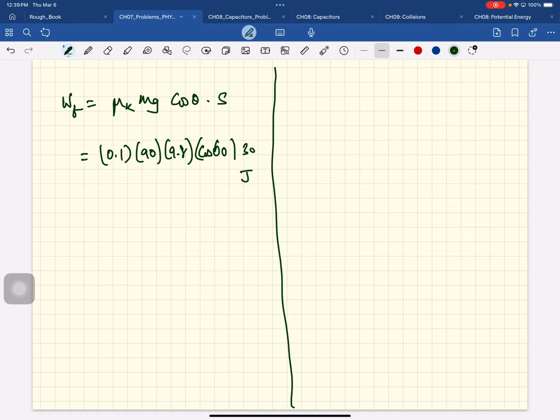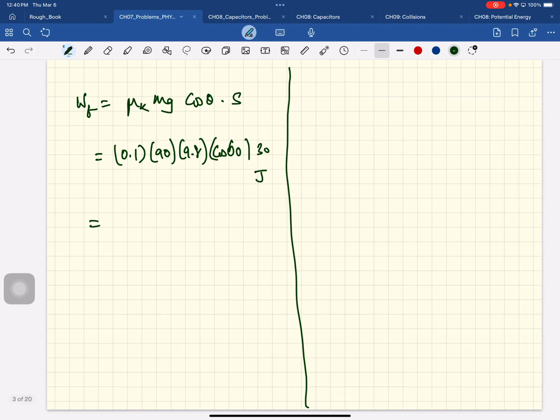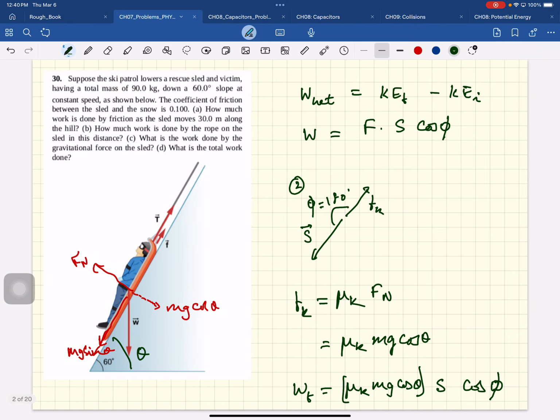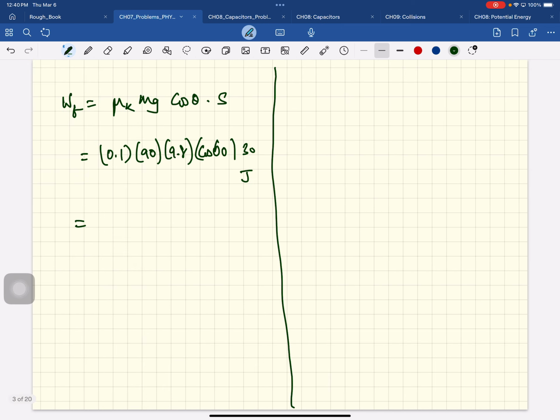And this is work, so that's in joules. Oh, and there was a -1 from cosine phi. So minus 1,323 joules.